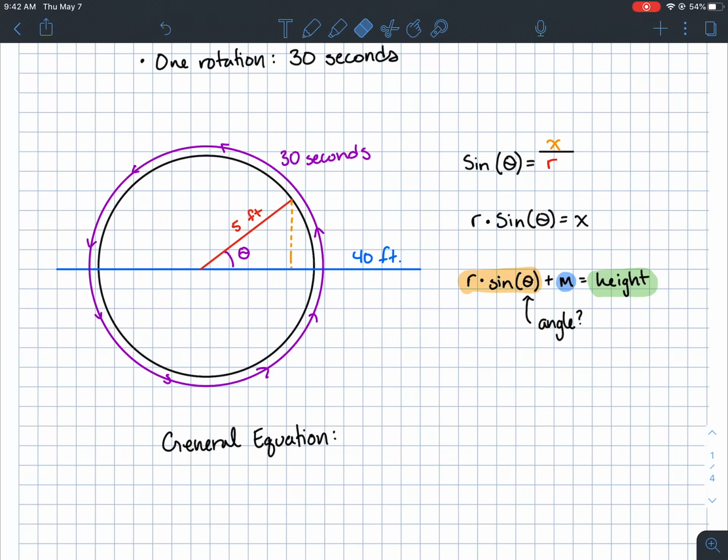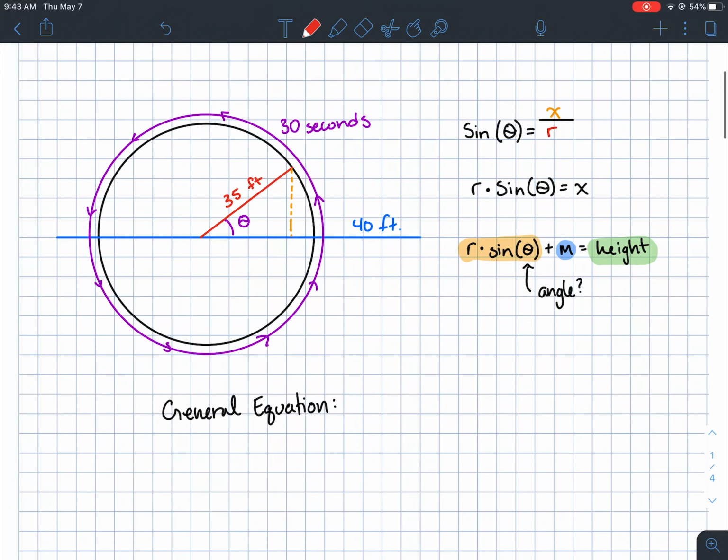So we need to make sure that we are calculating that, and that's where that rotation comes in. It says that this whole thing is going to go 360 degrees every 30 seconds.